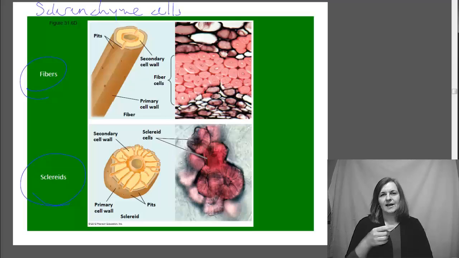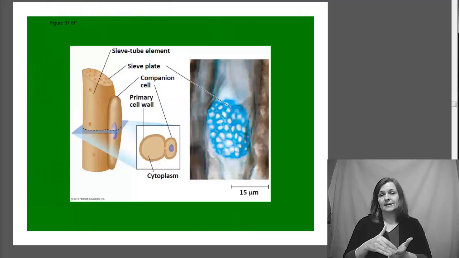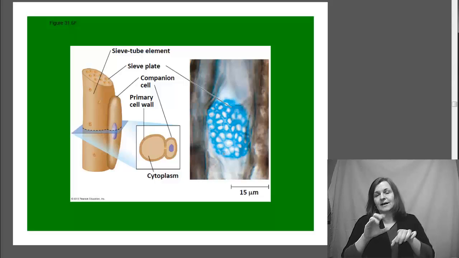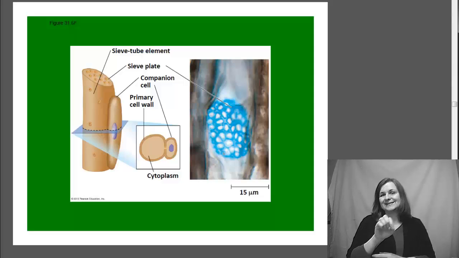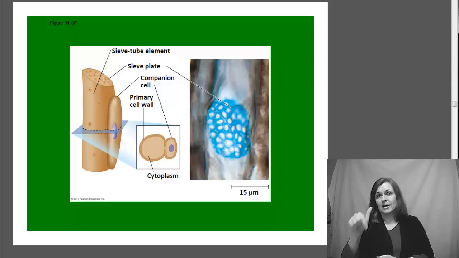So the one last image I want to show you, that we'll come back to when we talk about our vascular tissue more, is this cross-section of a stem, or cross-section of a vascular bundle, showing you the difference between the xylem and the phloem. And we'll get into more about these structures associated with the xylem and phloem later on.